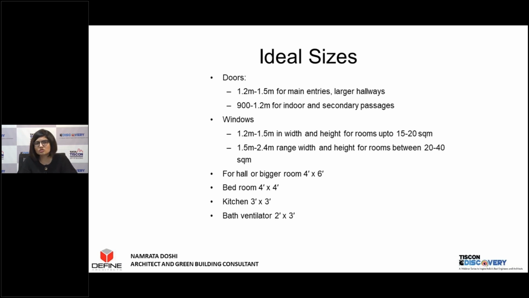Larger hallways should be sufficient. The reason I am mentioning 1.2 to 1.5 meters is also because, as architects and engineers, we need to start being sensitive to the requirement of the handicapped as well. And this does not include only people using wheelchairs, but a larger segment of people who need special care.